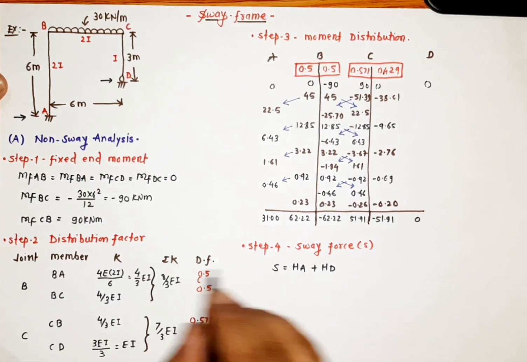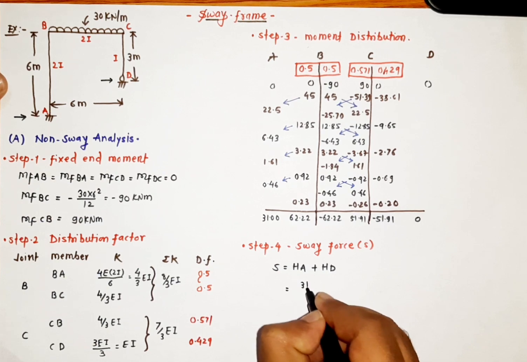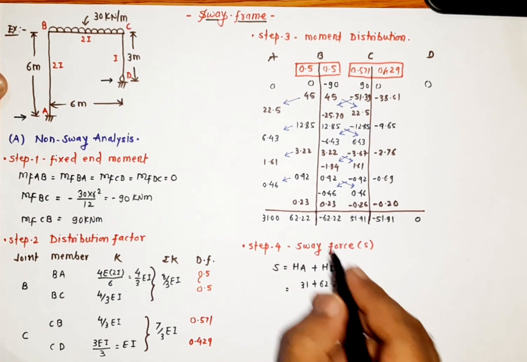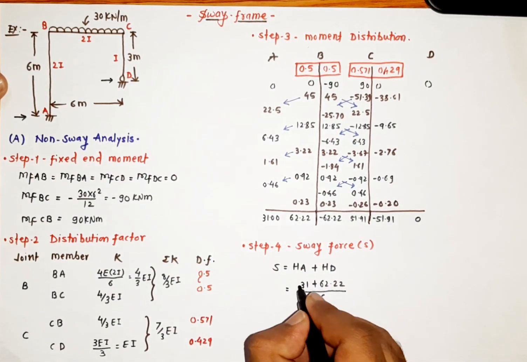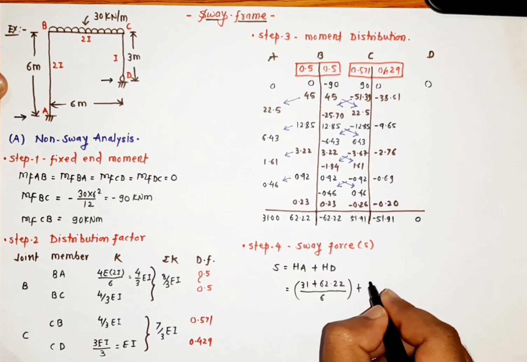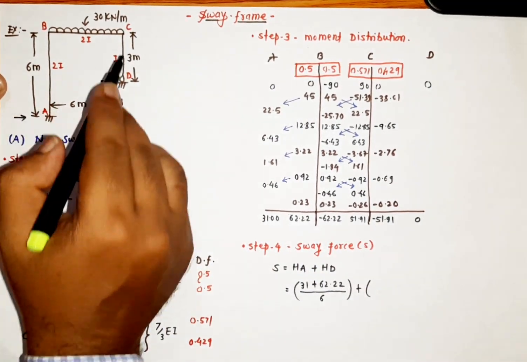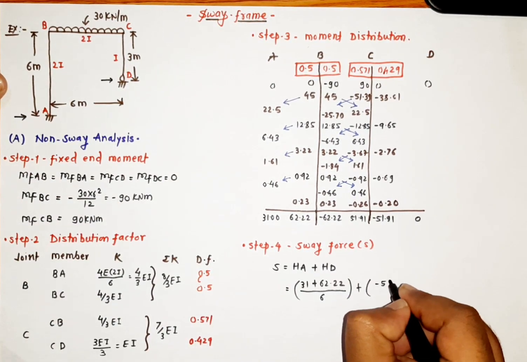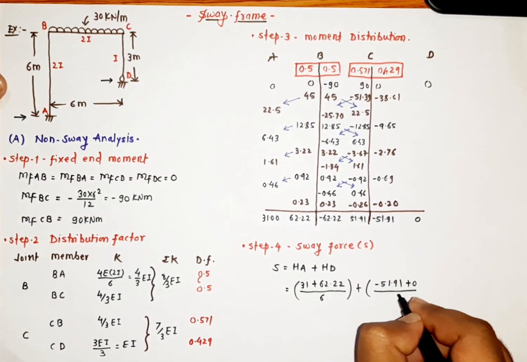So ultimately this can be written as 31 plus 62.22, that is these two, divided by the height. Height is 6 plus HD 3, and 3 meter is the height, and moment at C is minus 51.91 plus 0 divided by 3.